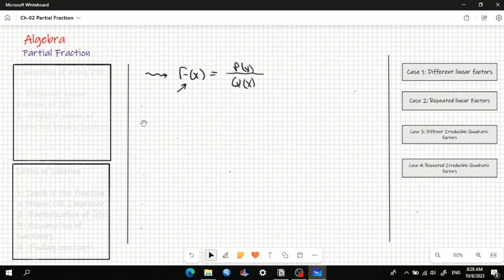Now, to obtain the partial fraction of this function f of x, there is a sequence of steps. So, steps of solution.